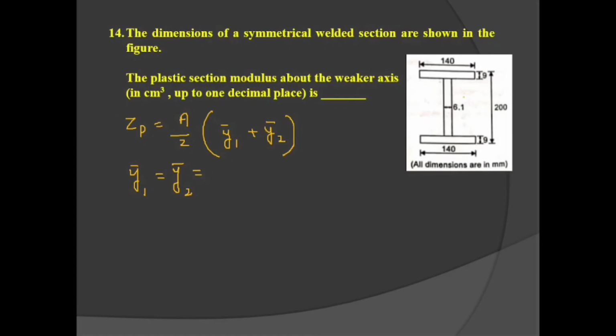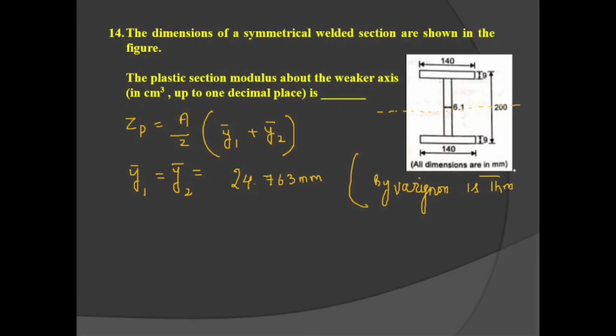So you have to identify the area, like this: the top area is there and the bottom area is there. So y1 bar and y2 bar we have to identify first. After calculation I found the values of y1 bar and y2 bar by using Varignon's theorem, (a1 y1 plus a2 y2) divided by (a1 plus a2).